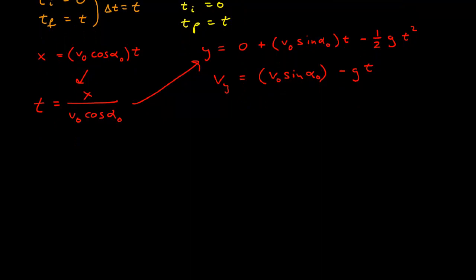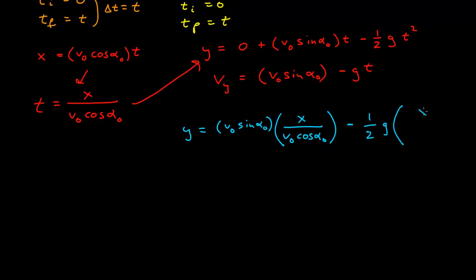So this gives us y is equal to this first expression, v naught sine alpha naught times the time, which is x over v naught cosine alpha naught, minus 1/2 g, and then this thing squared, x over v naught cosine alpha naught squared.